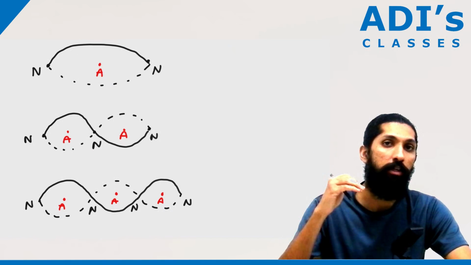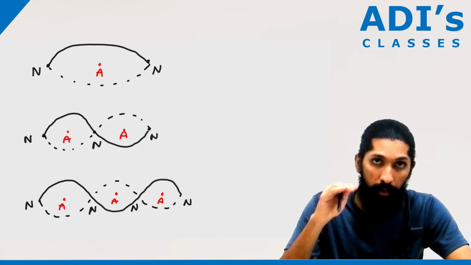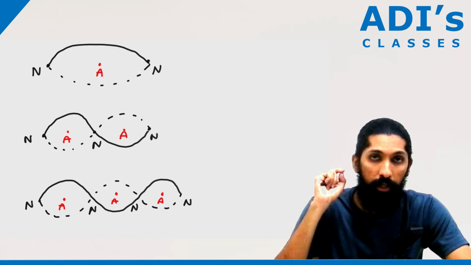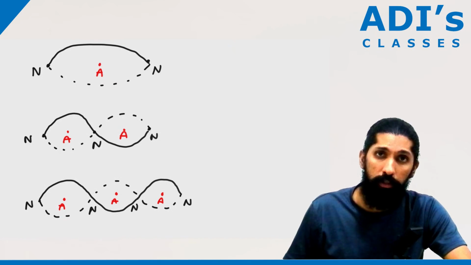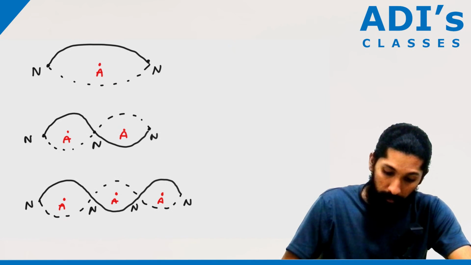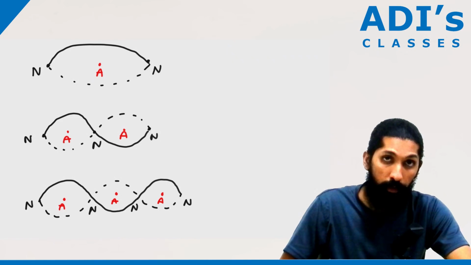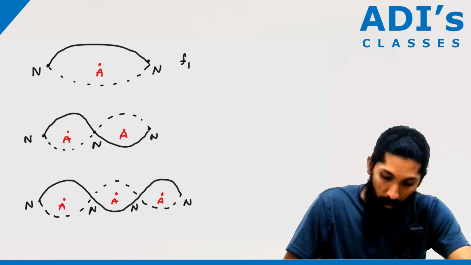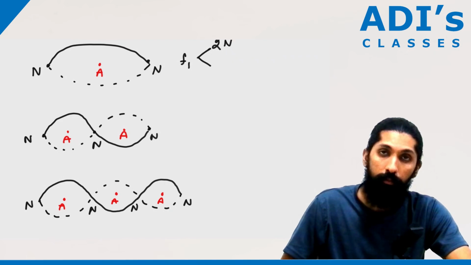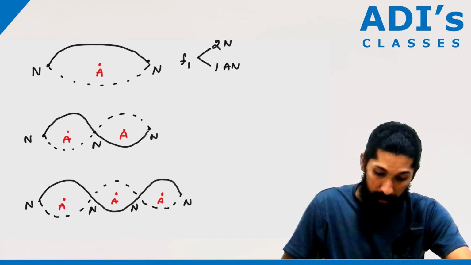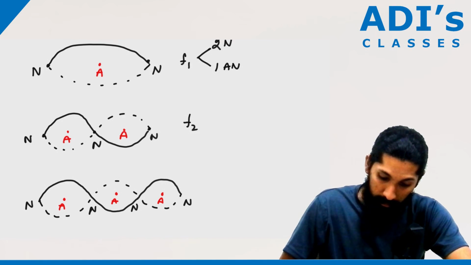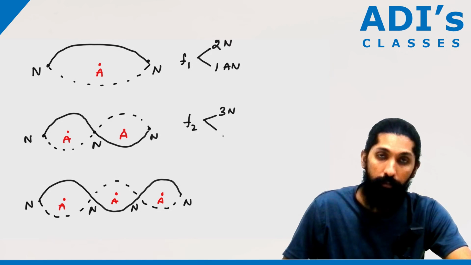Correct? But let's try to understand the relation between the frequency, that is the harmonic, and the number of nodes and antinodes. In the first one, the frequency is F1, the fundamental frequency, and you have 2 nodes and 1 antinode. In the second harmonic, there are 3 nodes and 2 antinodes.